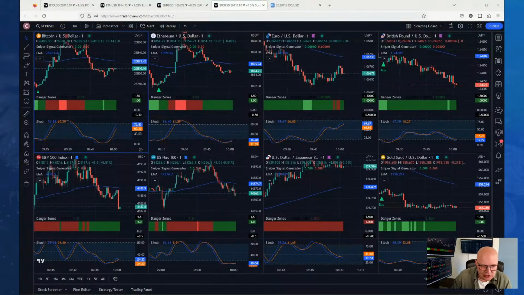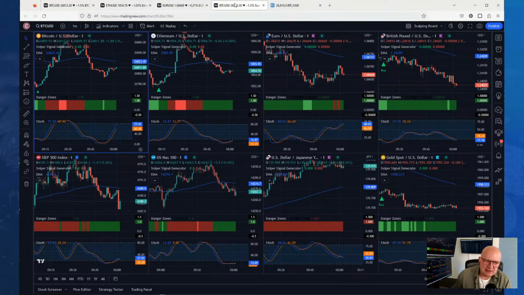I'm going to use my scalping board, I call that. So I'm going to concentrate today on 1 minute charts. I'm going to use my so-called sniper signal generator. If you don't know what the sniper signal generator is, it's basically my trading system that I normally use for more swing trades.